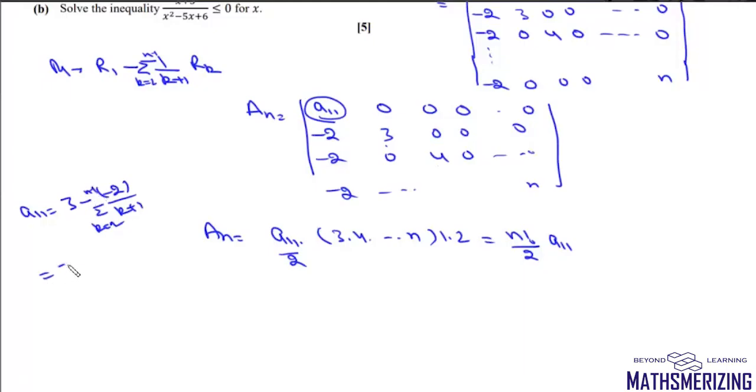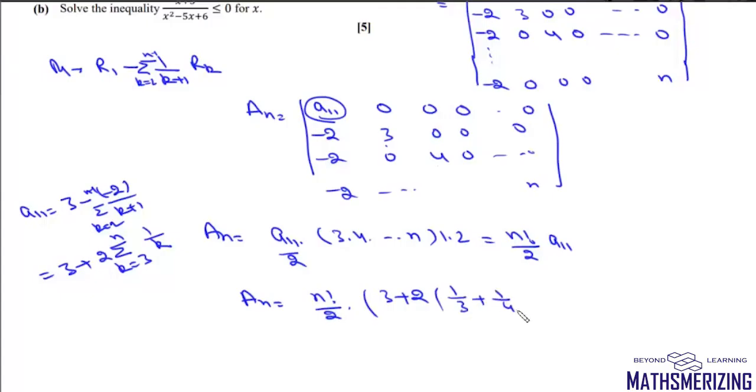So it is nothing but 3 plus 2 into this sum, where k varies from 3 to n, of 1 upon k. So we can write this an as factorial n by 2 and then 3 plus 2 into 1 by 3 plus 1 by 4 plus up to 1 by n, and that is the value of this determinant an.